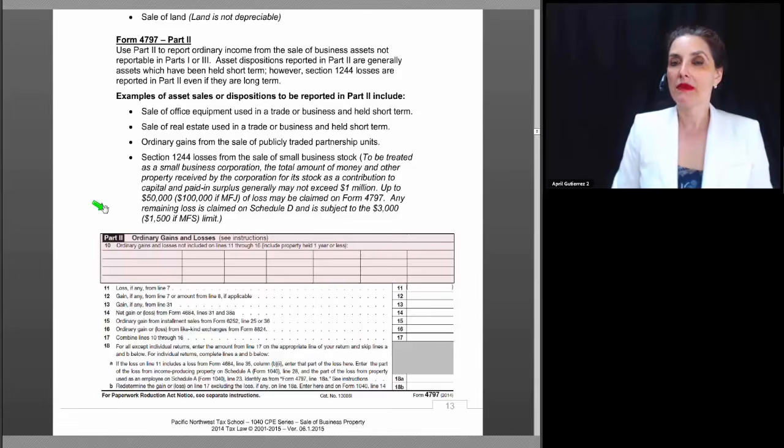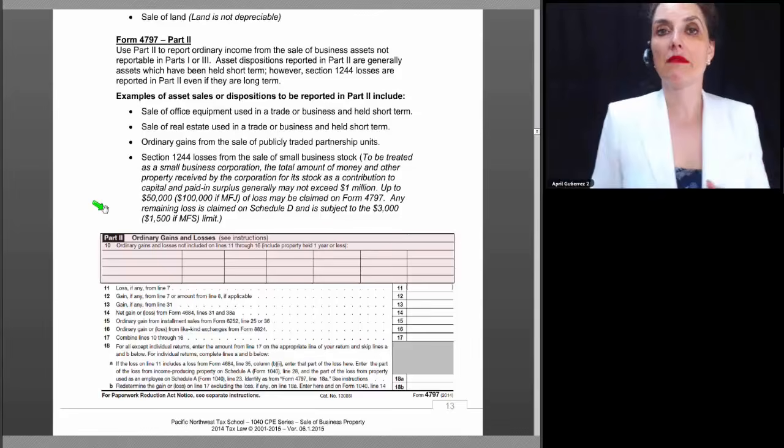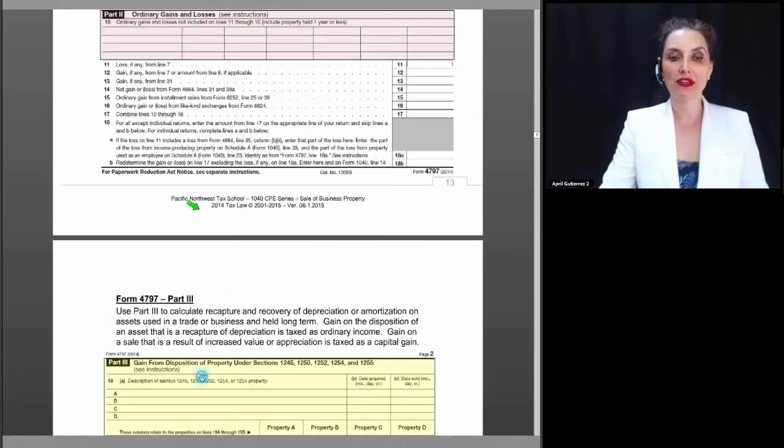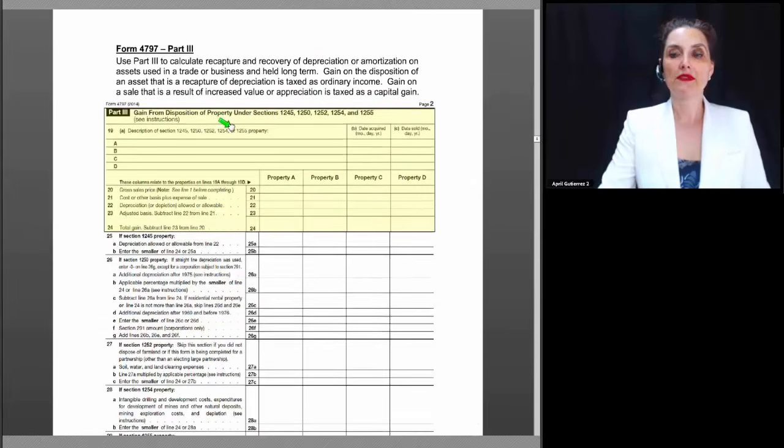You would be allowed to claim up to $50,000 of loss if you are single or married filing separate, or up to $100,000 of loss on a married filing joint return, and it would be offset against other ordinary income and help avoid some of the sting of having lost your shirt on that small startup corporation.